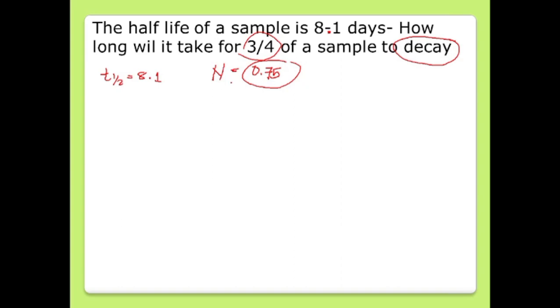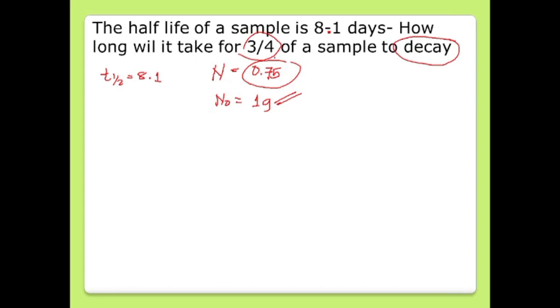Kapag mga ganitong problem and walang given na initial amount, mag-assume kayo ng initial amount natin is 1 gram. So, this is the basis. Kapag walang given na initial amount, i-assume nyo na 1 gram or 10 gram or kahit naman ilan. So, 1 gram na lang para mas simple. Tong 0.75 dito, this is not the remaining amount kasi ito daw yung nawala.